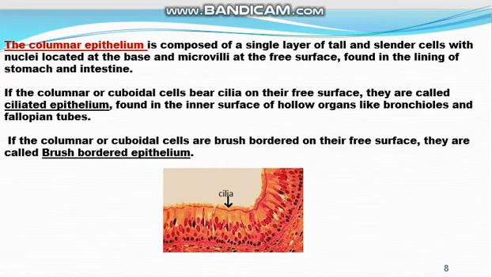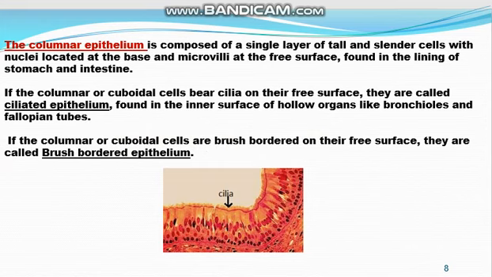And if the columnar or the cuboidal cells bear cilia on their free surface, then they are called ciliated epithelium, for example, in the inner surface of hollow organs like bronchioles and fallopian tubes. And if the columnar and cuboidal cells are brush bordered on their free surface, then they are called brush bordered epithelium.